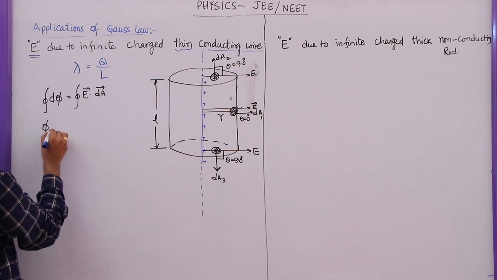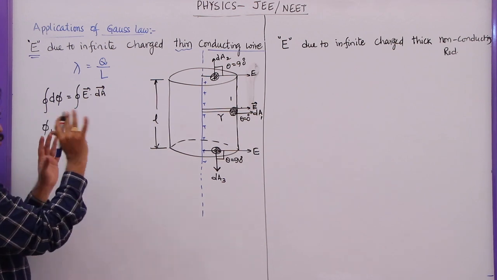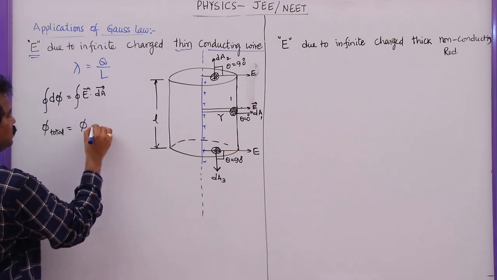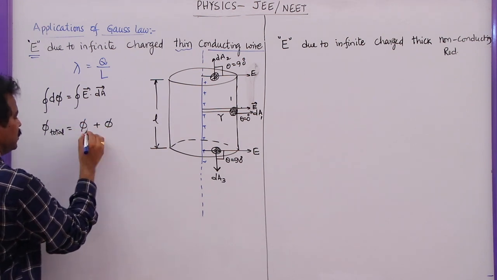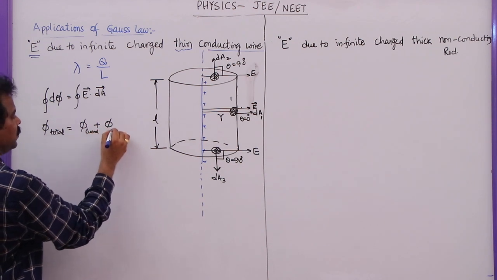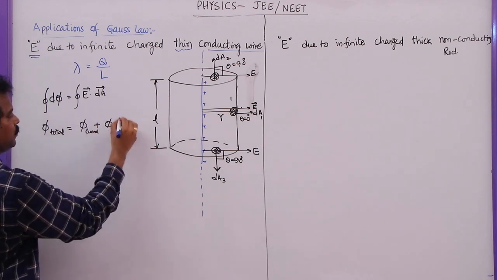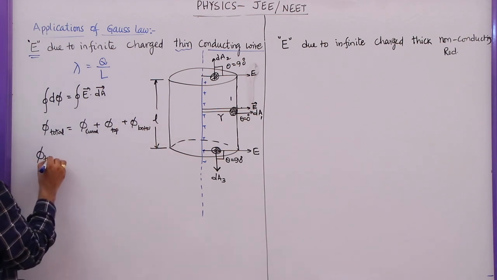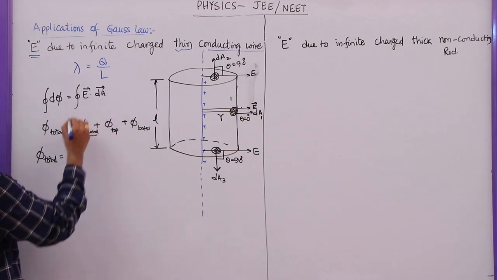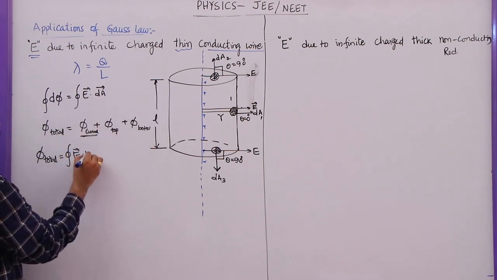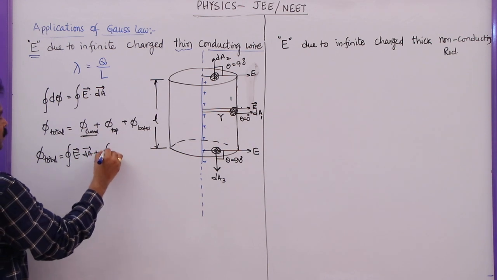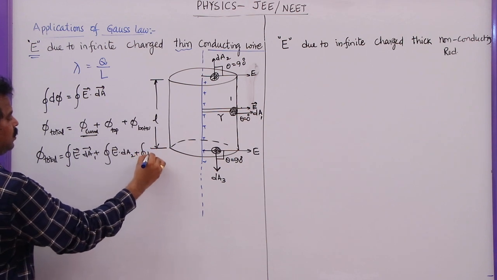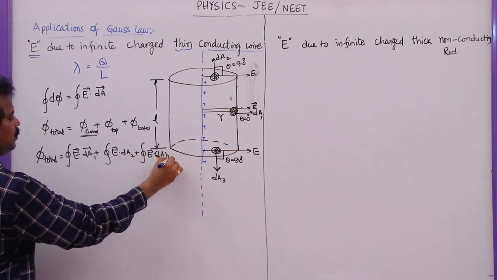The total flux through the entire closed cylindrical Gaussian surface is given by the flux through the first surface, the curved surface, plus the top surface and the bottom surface. The total flux is the integral of E bar dot dA bar, which is the integral of E bar dot dA1 plus the integral of E bar dot dA2 plus the integral of E bar dot dA3.